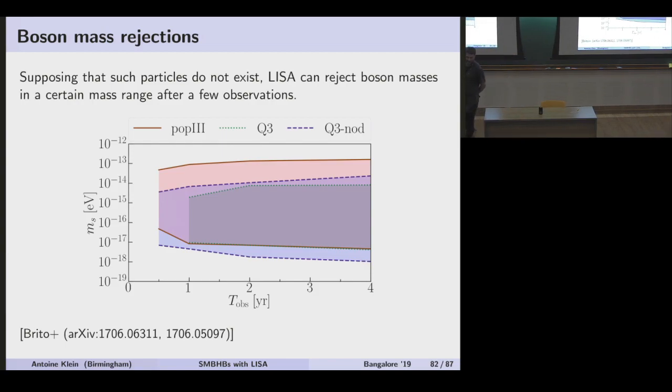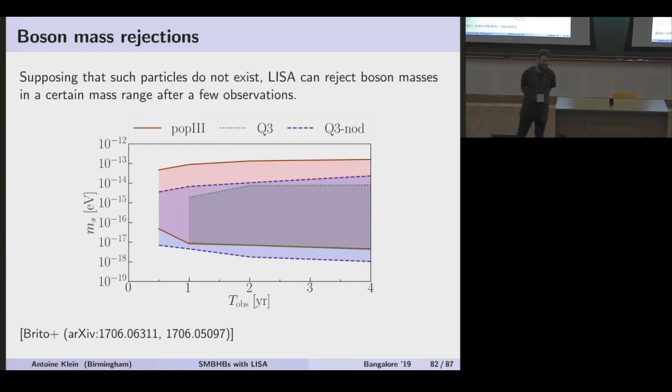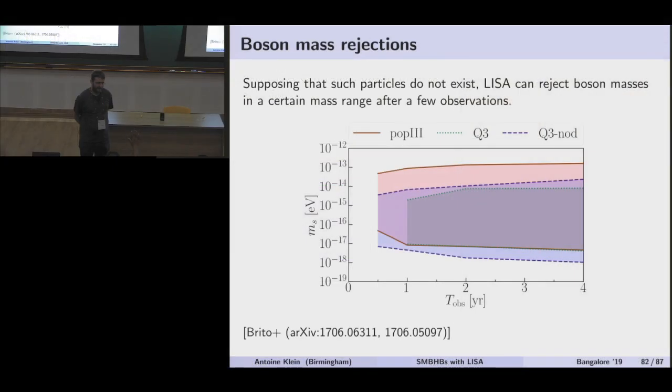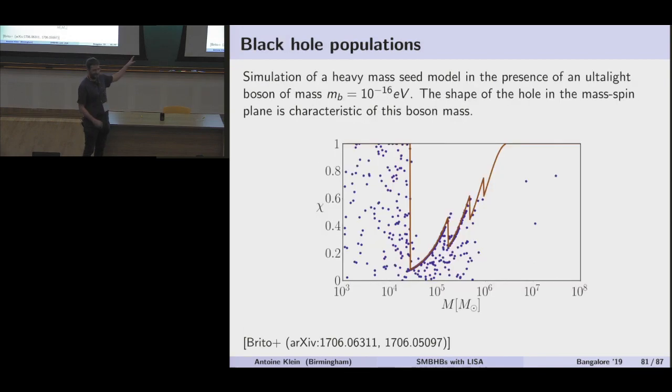Do you also assume some evidence for those bosons, like that they comprise the total dark matter, some fraction of dark matter? Oh, I don't assume anything. We just assume that in order for these superradiant instabilities to occur, you just need this boson to exist. That's it.